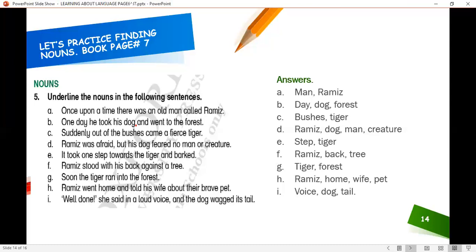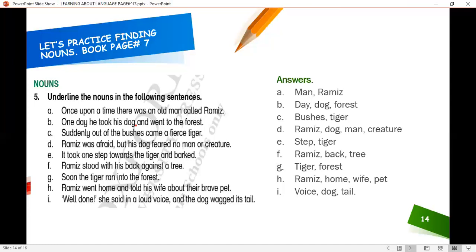In sentence H, Ramiz went home and told his wife about their brave pet. Now, in this sentence, the nouns are Ramiz, home, wife, and pet. These four are nouns. In sentence I, well done, she said in a loud voice, and the dog wagged its tail.